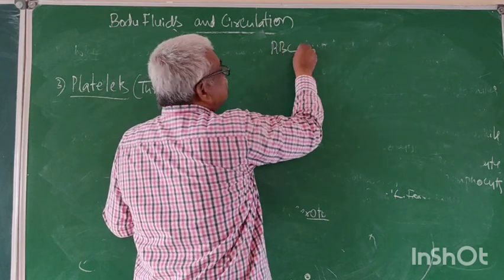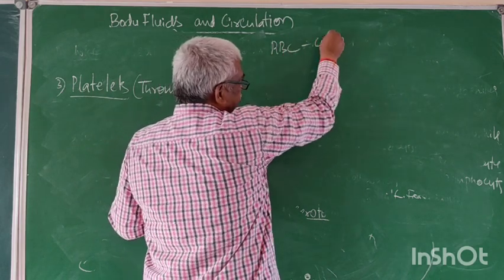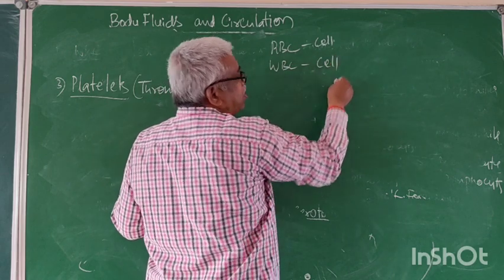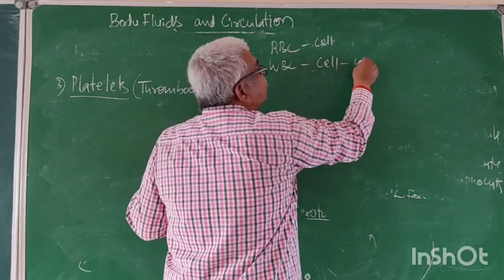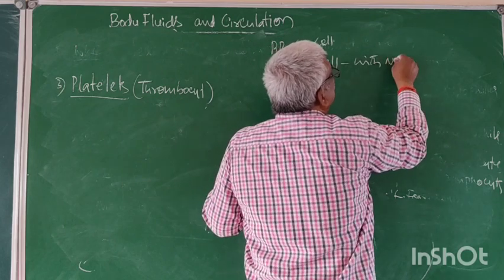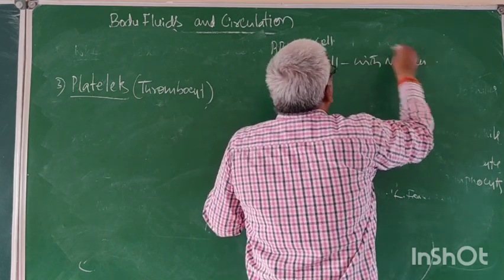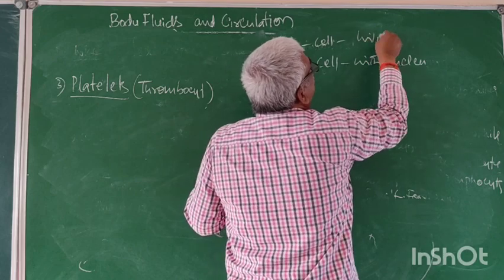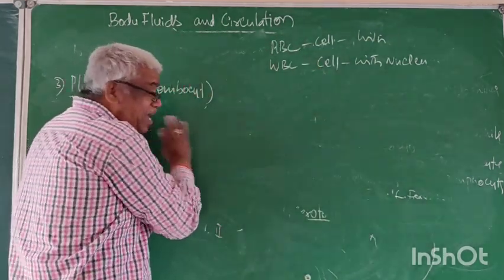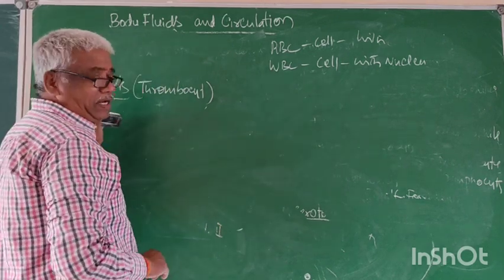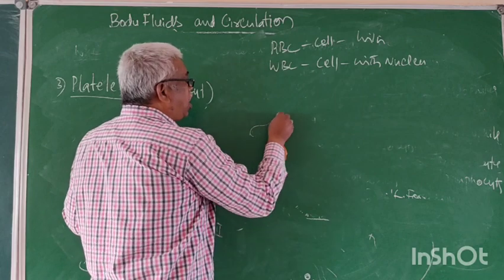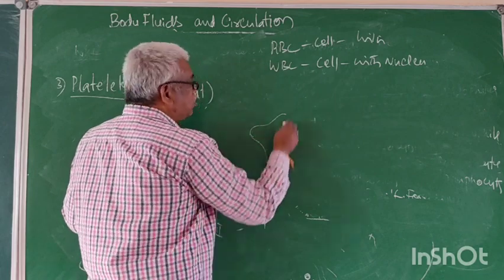RBC is a cell. WBC is also a cell, with nucleus. This one is without nucleus, but it is not a cell. Who? Platelets. Just listen.